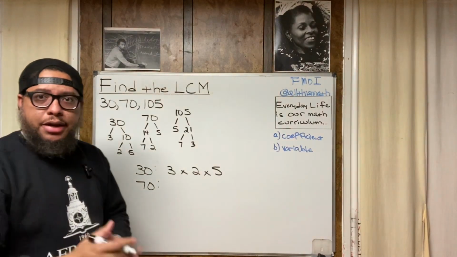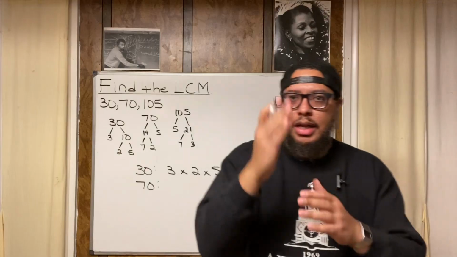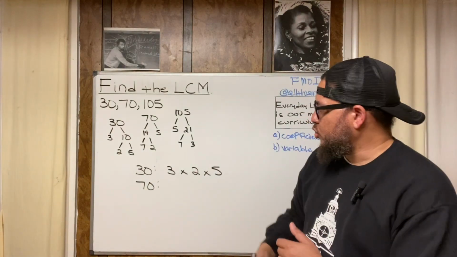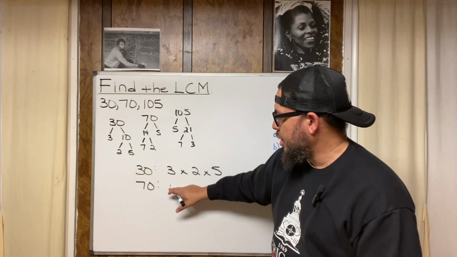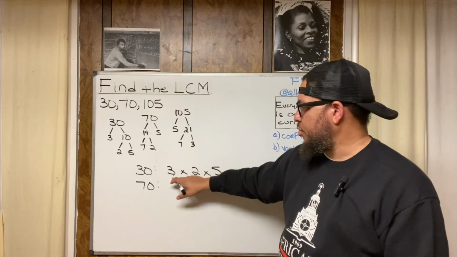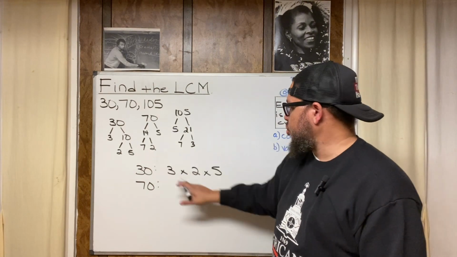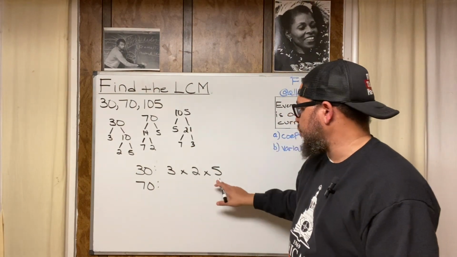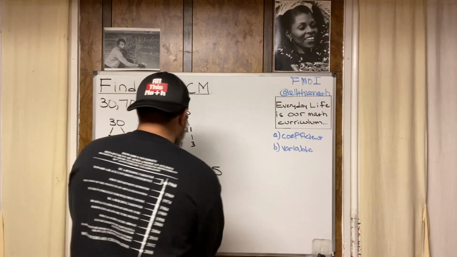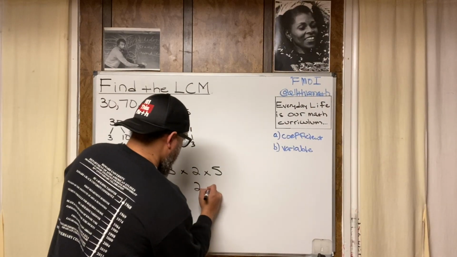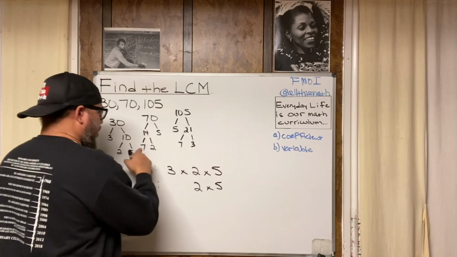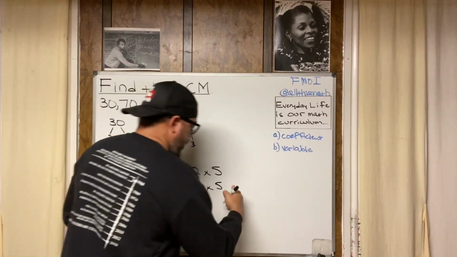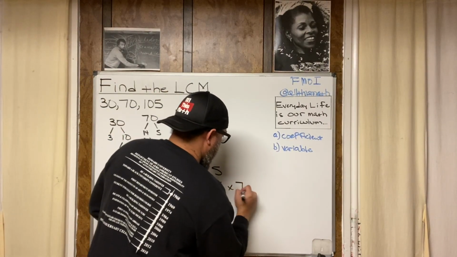But I want to line up alike numbers vertically, right? So I'm not going to put the 7 under the 3, because that's not a 7. That's a 3, right? I'm going to put this 2 under this 2, and this 5 under this 5. So I'm going to do 2 times 5, and then where am I going to put this 7? Put it out here by itself, underneath of nothing.